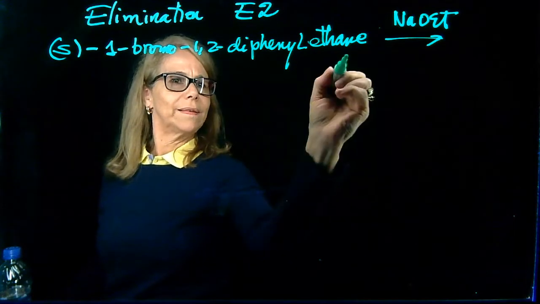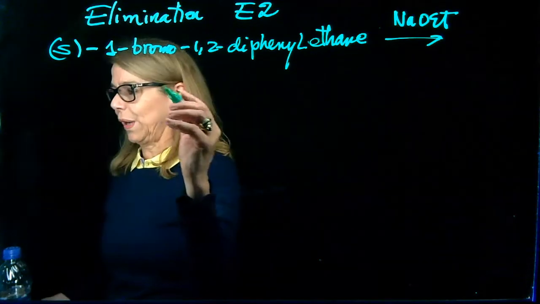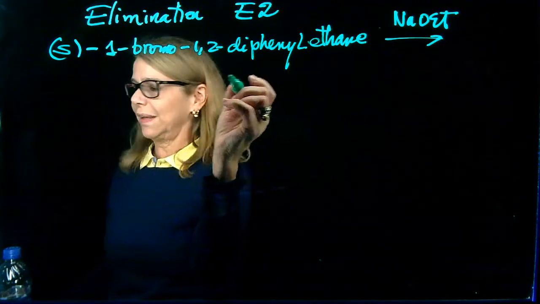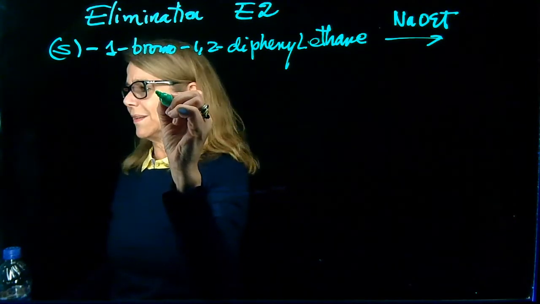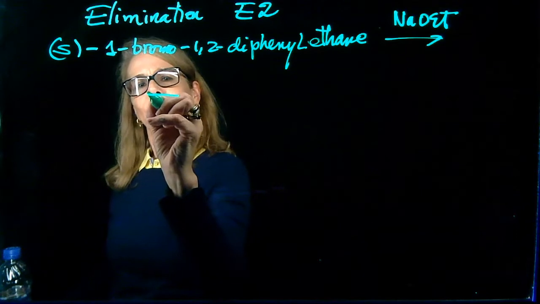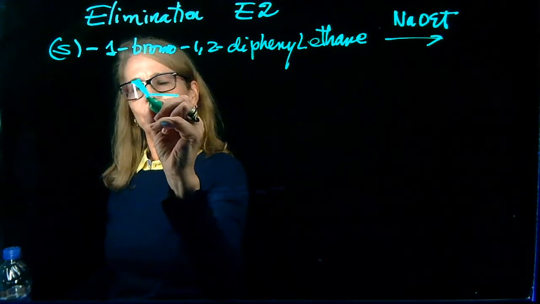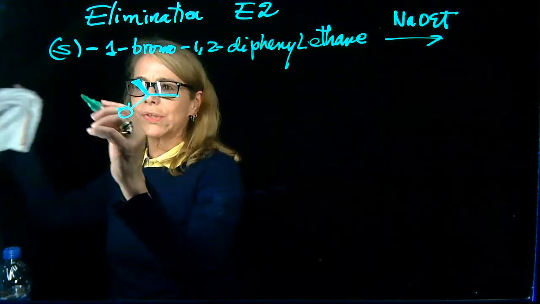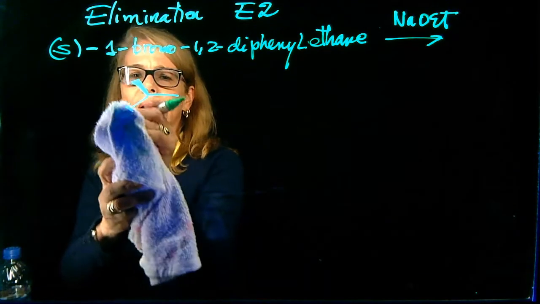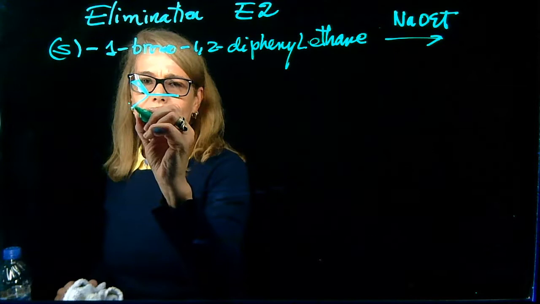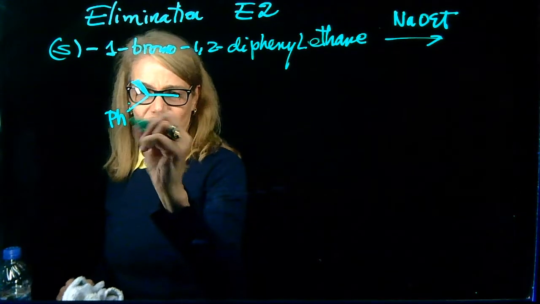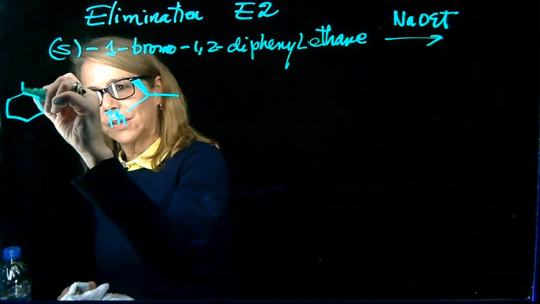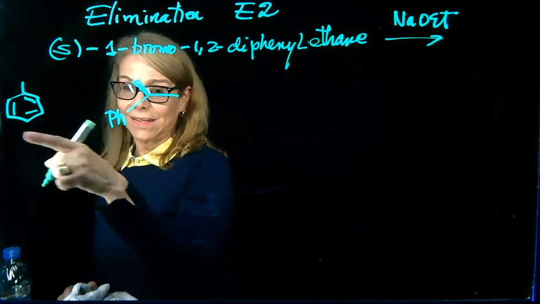So this I'm going to draw in a simplified way. Because notice I have ethane, so I'm going to draw 2 carbons. Let's do another abbreviation. The phenyl groups can be abbreviated as Ph, and that means this, my phenyl group.